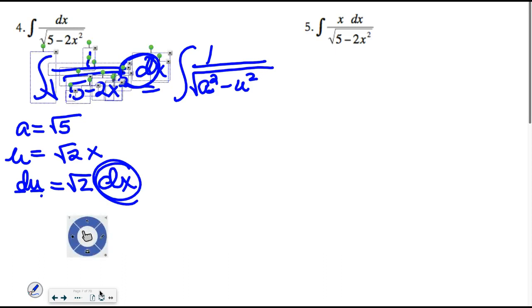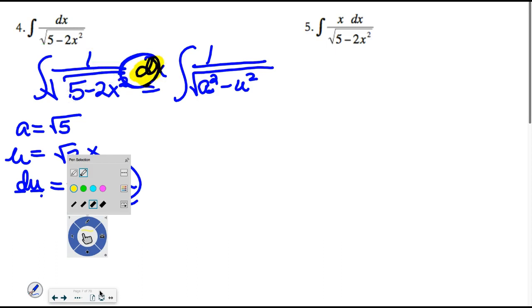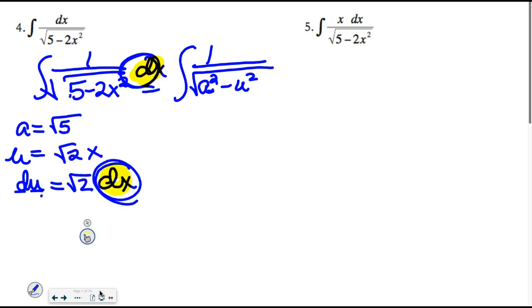When I generate that dx, this is what most kids, if they goof up on these, that's where it comes from. It comes in generating this dx right here. When I replace it, I'm going to have to replace it with that fraction correction of 1 over root 2 du. So I'd write 1 over root 2 du, but we like to throw those constants out front.